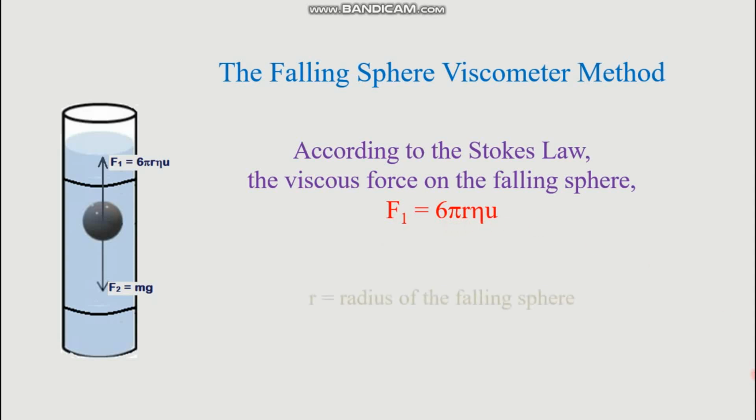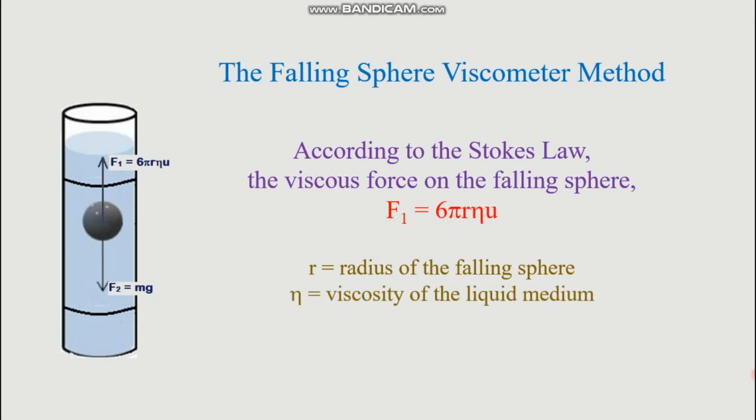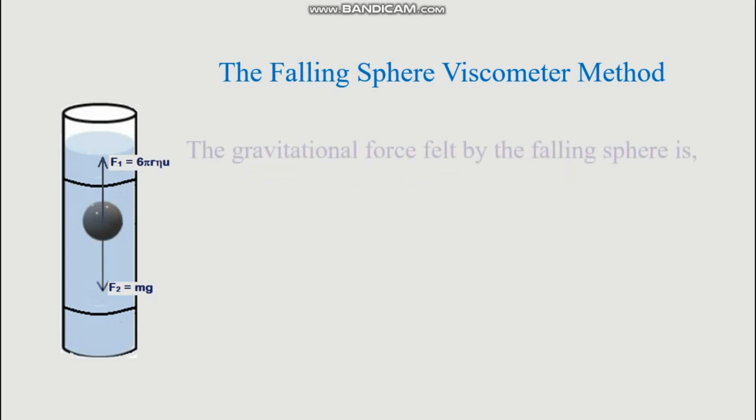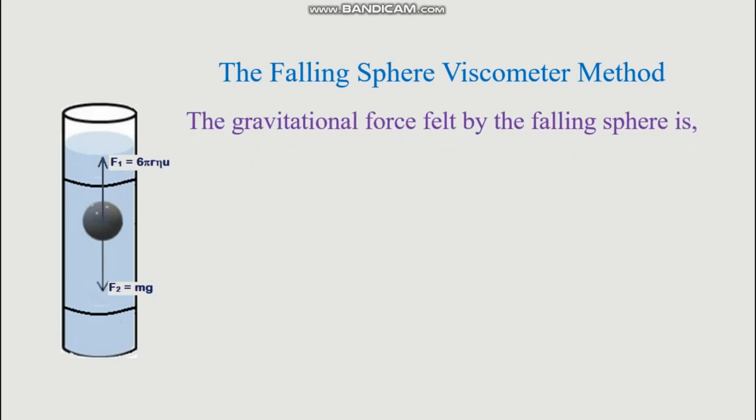So what about the physical significance of these symbols? r is the radius of the falling sphere, eta is the viscosity of the liquid medium, whereas u is the velocity, but this velocity of the falling sphere must be uniform, that is, it should have zero acceleration. The gravitational force felt by the falling sphere must be mg, and this is taking place in the downward direction.